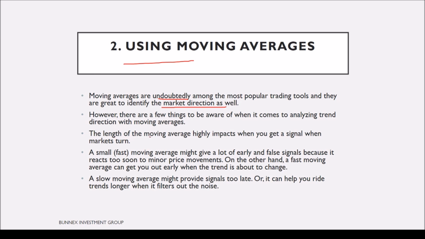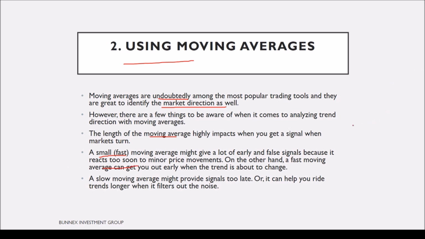The length of the moving average highly impacts when you get a signal when markets turn. A fast or small moving average might give a lot of early and false signals because it reacts too soon to minor price movements.